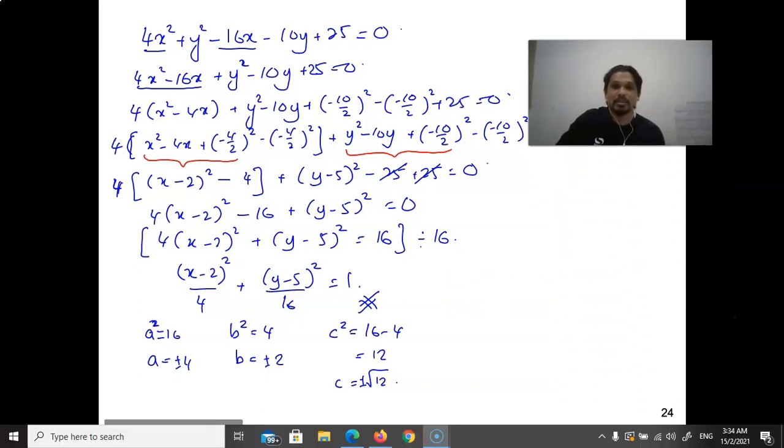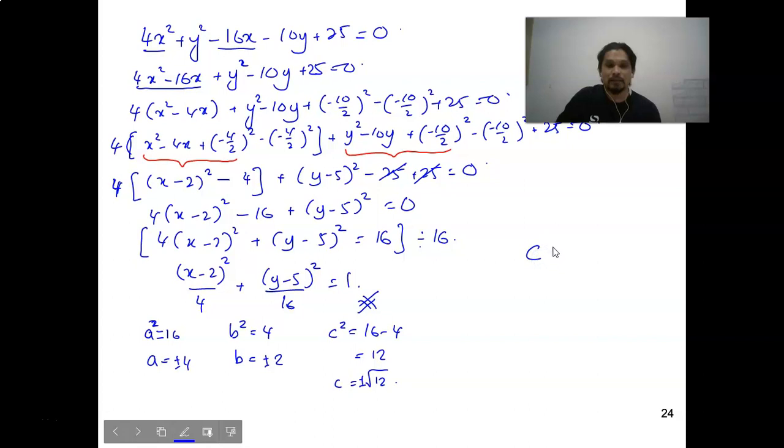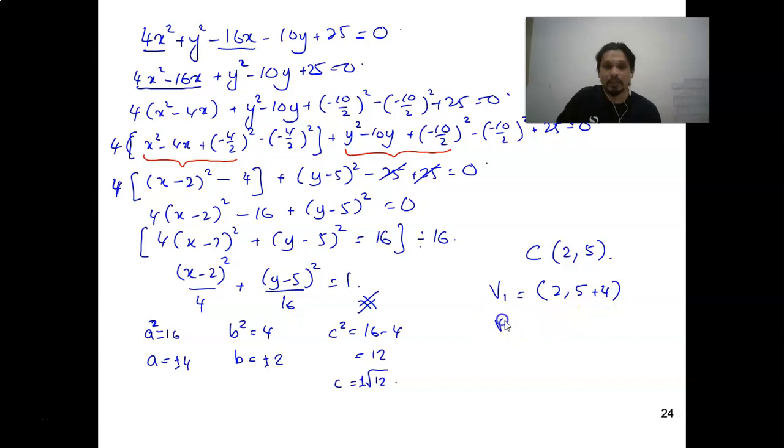Therefore, recall the center for this one here is (2, 5). V1, because a is greater than b, a belongs to y here, so it is a major vertical axis. From (2, 5), V1 is (2, 5 plus 4), and V2 is (2, 5 minus 4).